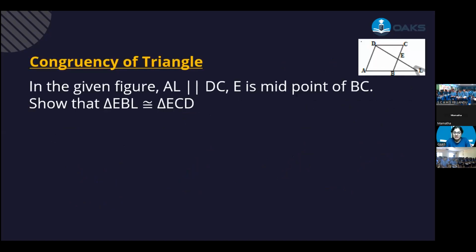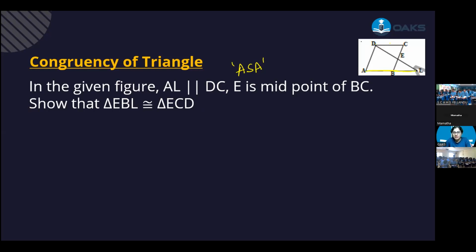Now we have a question. Kindly see. We have to solve this by angle side angle. Try to work out what conditions are given to us and what we can imply from them. In the given figure, AL is parallel to DC. You can see that AL is this.